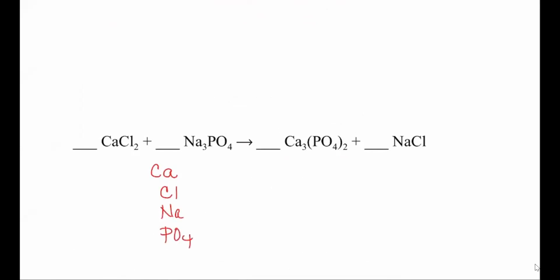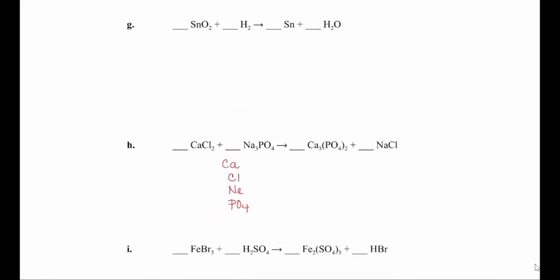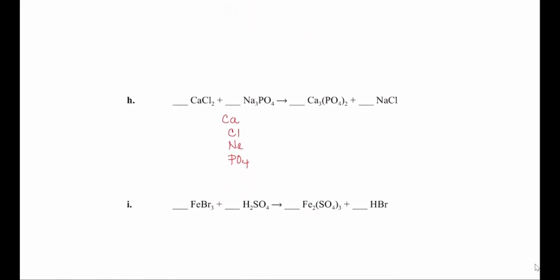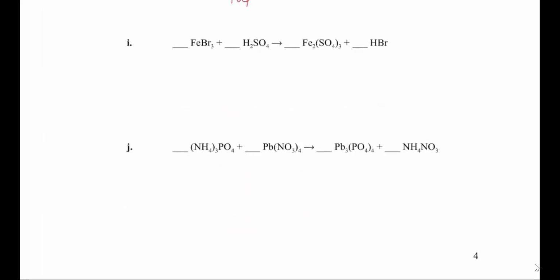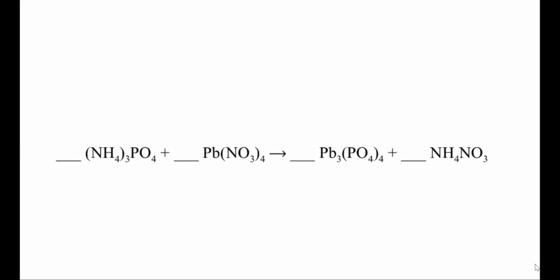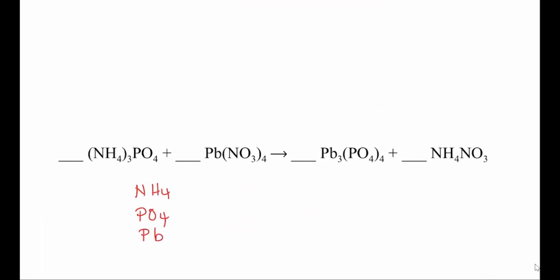Those are my components, because this is a double replacement reaction. We did that one. See, like in this one, I'll say I have NH4, PO4, Pb, and NO3, because it's a double replacement reaction.